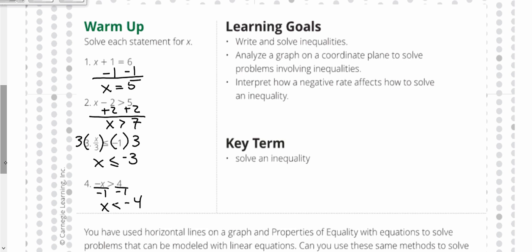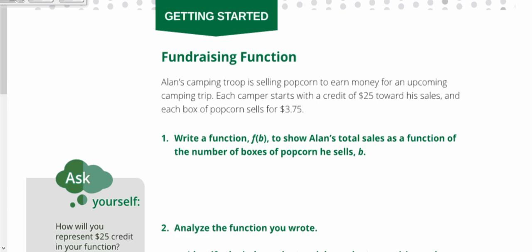All right, so what I'd like you to do is we're going to work through this lesson, taking notes. So I would like you to read the situation and then answer number 1. So you're going to be writing a function. We're going to do it in slope-intercept form.